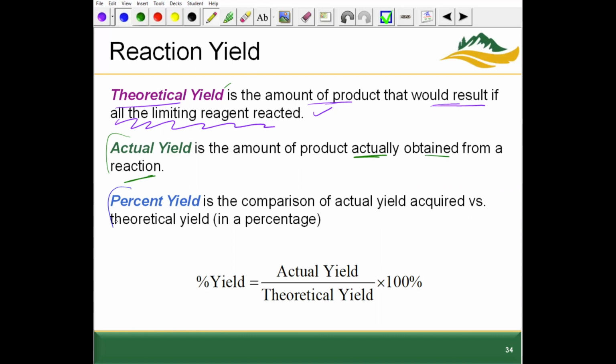Percent yield, then, we're making a comparison between how much should have been produced and how much was actually produced, so actual yield divided by theoretical yield times 100%. So we're comparing the actual yield versus our theoretical yield and reporting it as percent yield. So we end up multiplying by 100%.